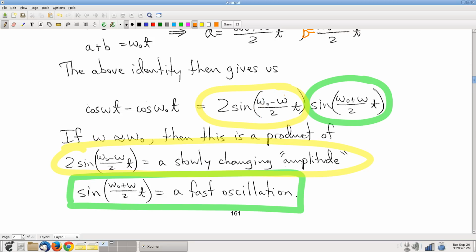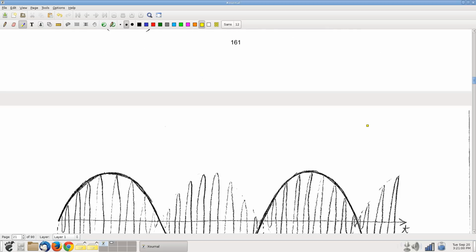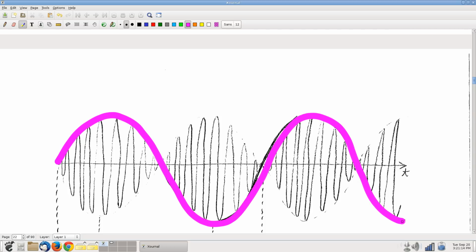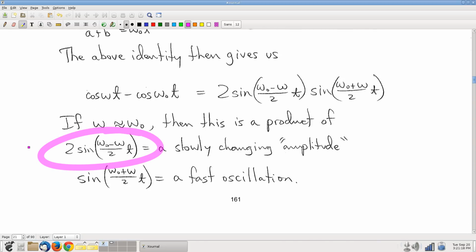Okay. And so what does that look like? What does it look like when you have an oscillation with a slowly oscillating amplitude? And here's the picture. This is what it looks like. And here's the slowly changing amplitude. That slowly changing amplitude, of course, is a sine wave.